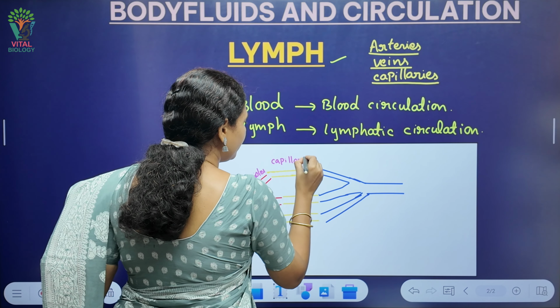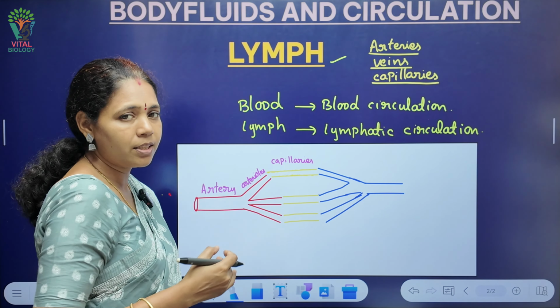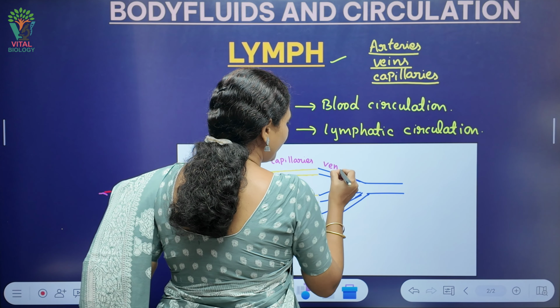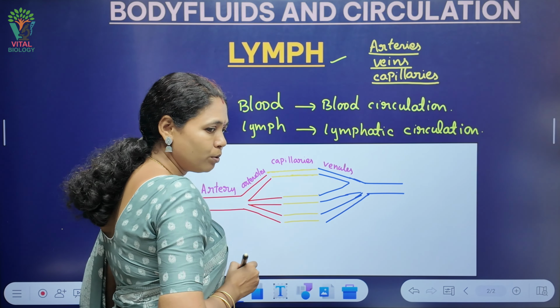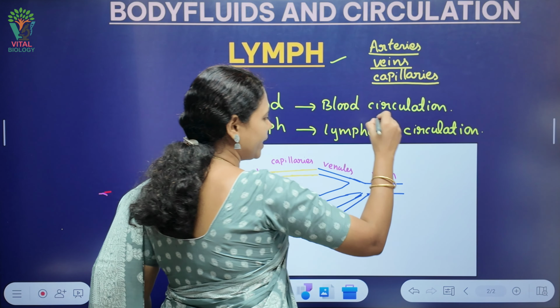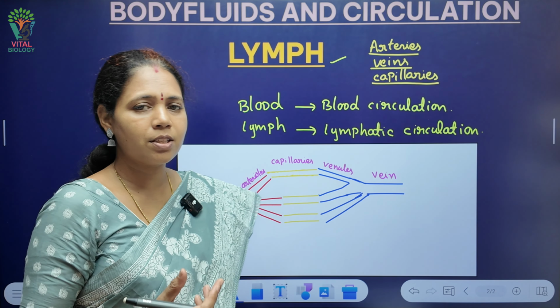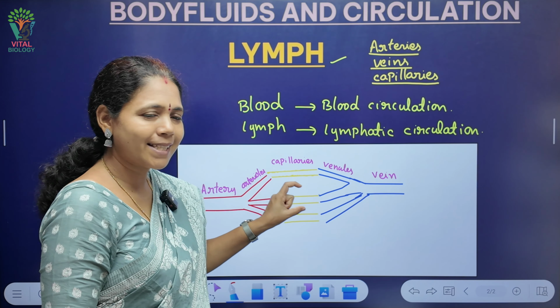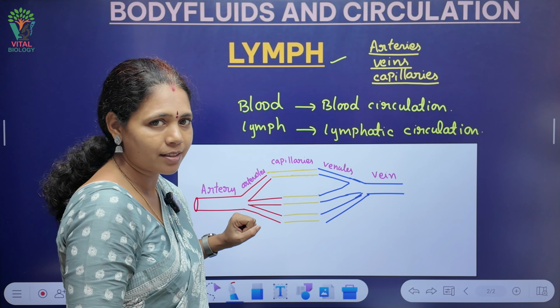Near these capillaries, once the exchange of materials is finished, the capillaries join and form venules, and these venules join and form the vein. Now this vein takes the deoxygenated blood back to the heart. Now we can observe how exactly blood flows through these channels.